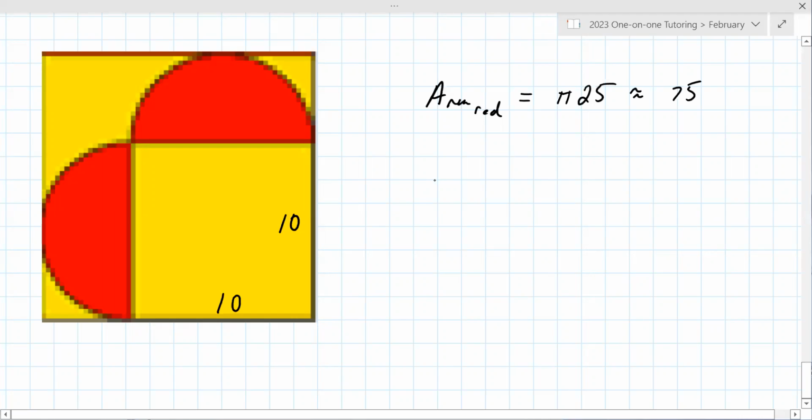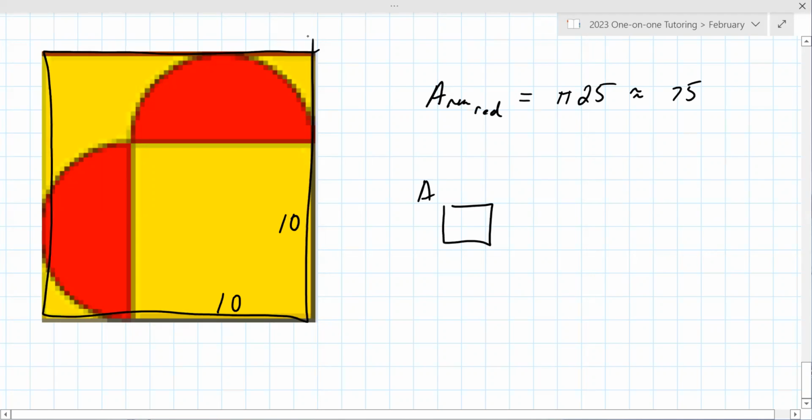What is the area of the large square, this one on the outside? I'm going to scale factor it to 20.